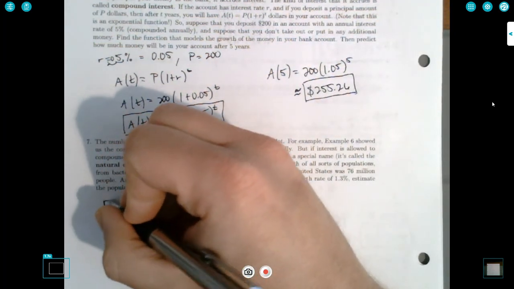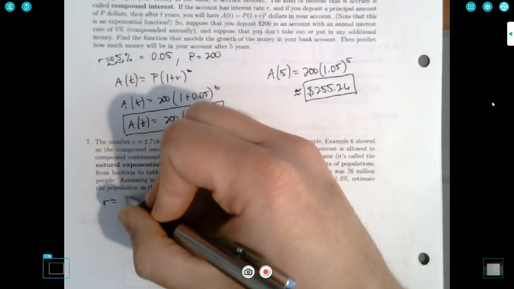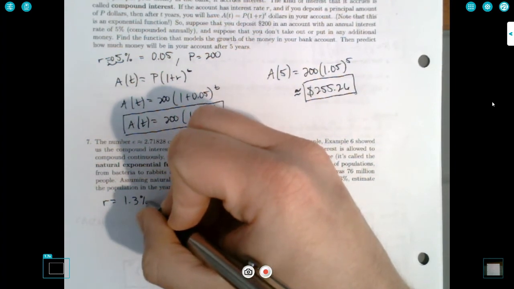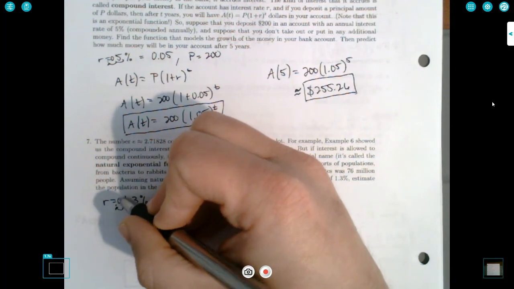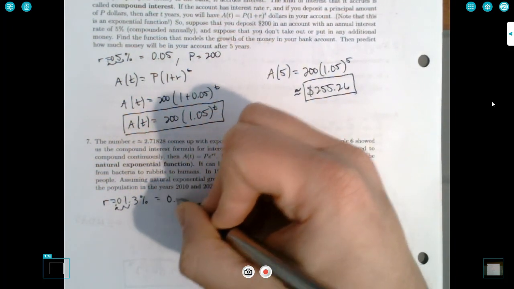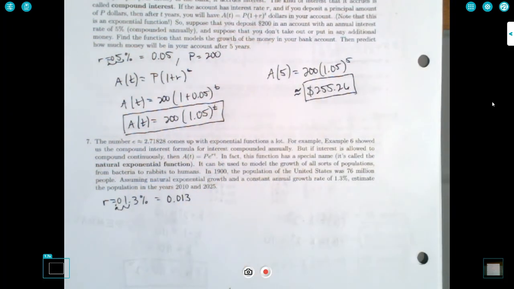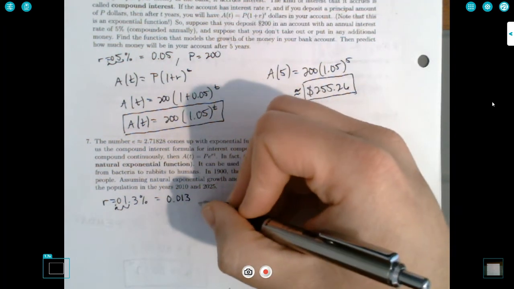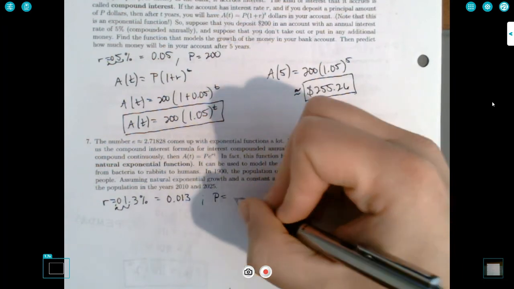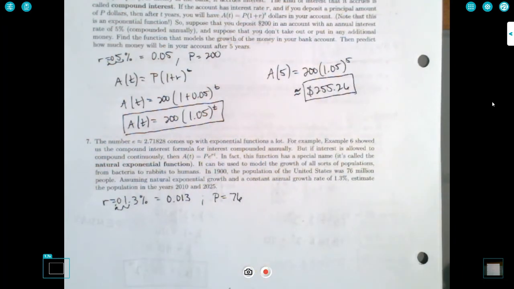Okay, so again, we know that the rate r is 1.3%. So if you move that decimal over a couple times, that's 0.013, right? So that's your rate. The principal amount, P, is 76 million. I'm just going to call it 76, so I don't have to write out all the zeros.